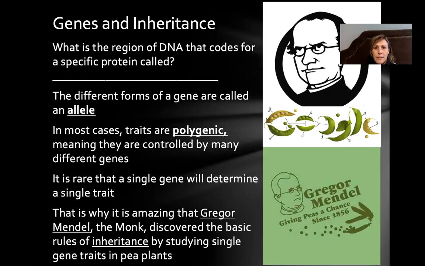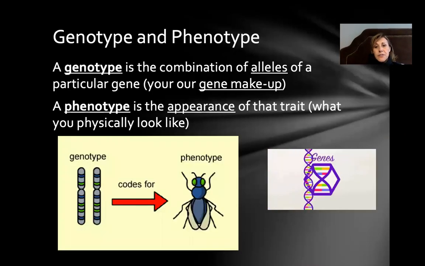So he started crossing them and doing experiments, and he was lucky because he picked a plant that only had single gene traits.